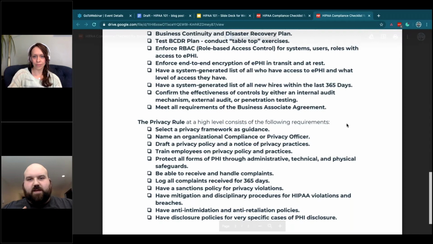And having disclosure policies for very specific cases. There are cases where, and this should be covered in your business associate agreement as well, you're allowed to disclose ePHI, protected health information, and when you're not allowed to. So they're going to define some of these cases. And there are specific times when you're not even allowed to disclose information to the patient themselves.